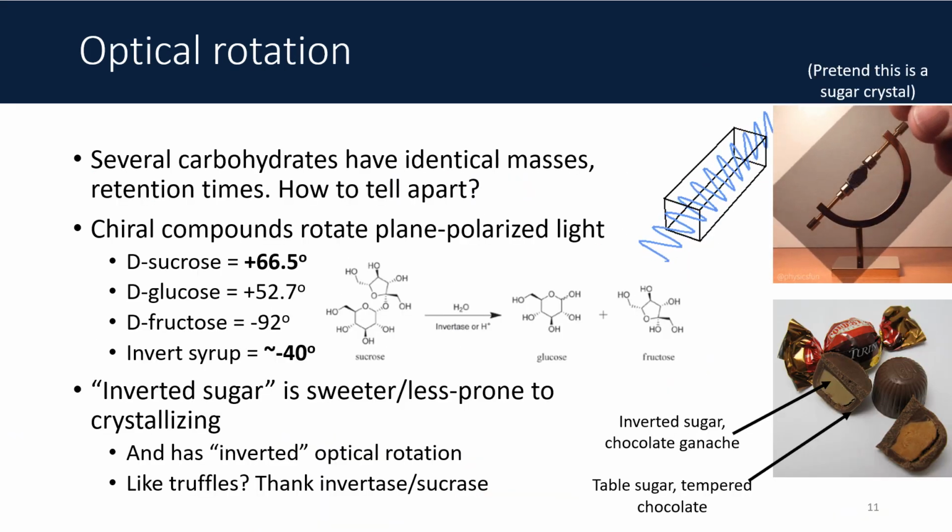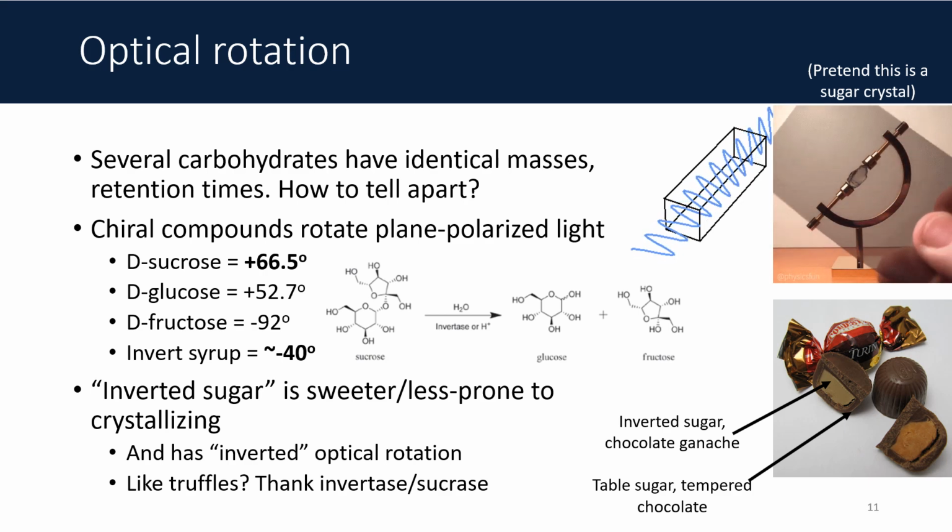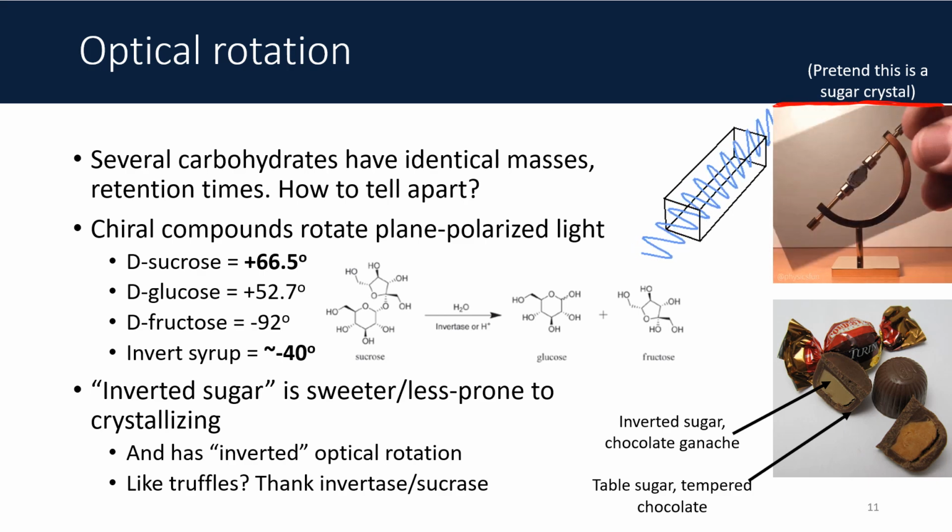Another property of sugars worth noting is their optical rotation. This naturally is a product of their chirality. Chiral compounds such as amino acids, sugars, etc. will rotate plane polarized light. And you can observe that phenomenon with a polarized filter and a polarized light source, like shown over here in this animation. Let's pretend that that mounted crystal in that clip is a sugar crystal.